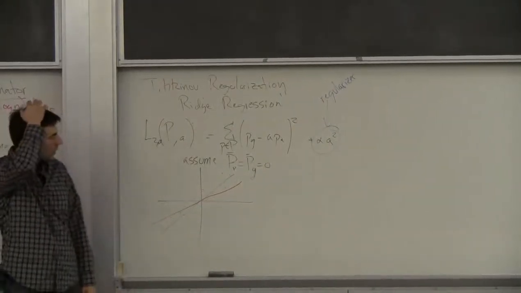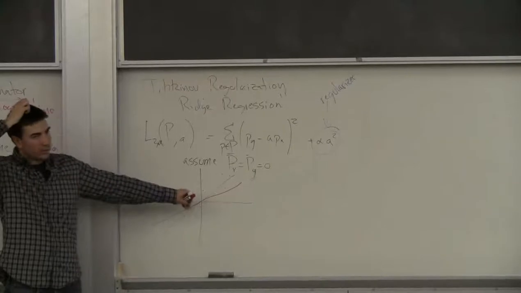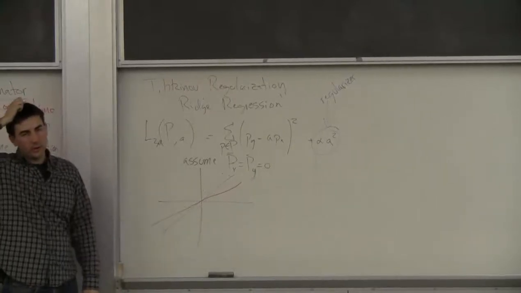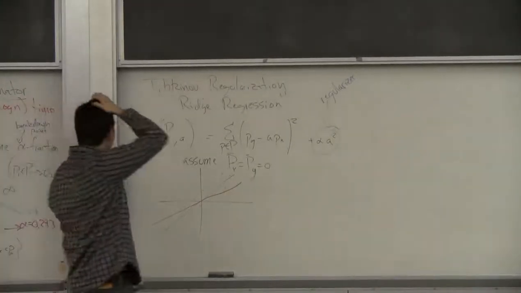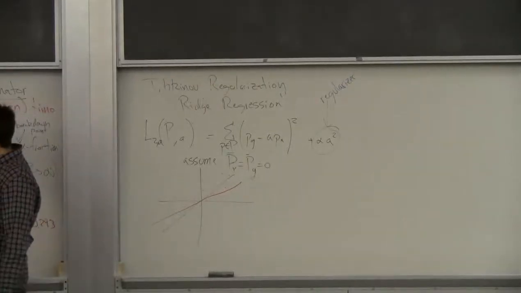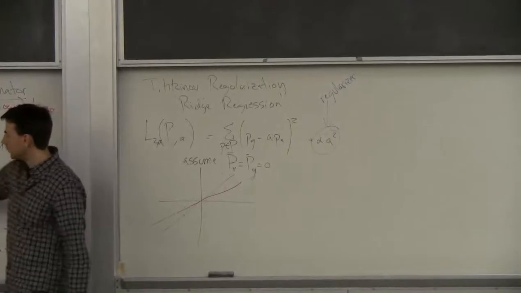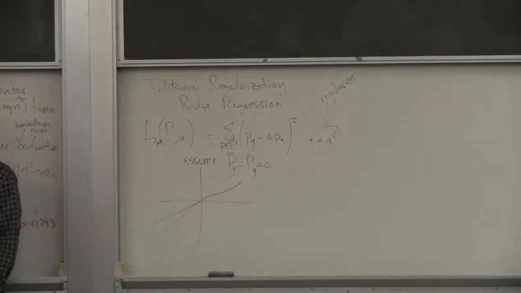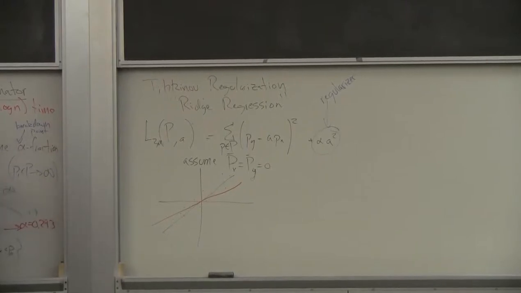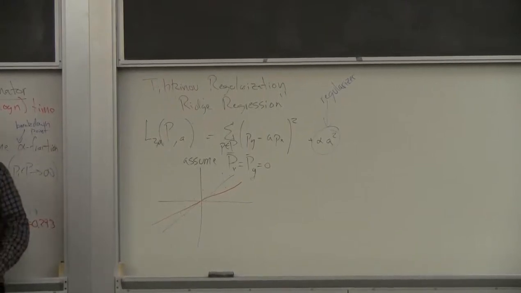But this is going to be more robust to outliers. One of the assumptions I made when I'm looking at this vertical distance here is that I know the x coordinates exactly. This is kind of given to me.